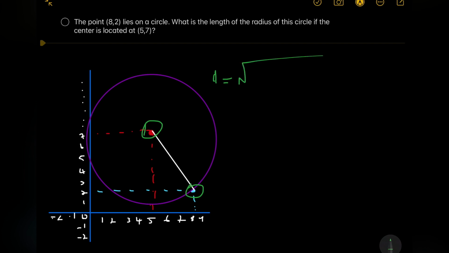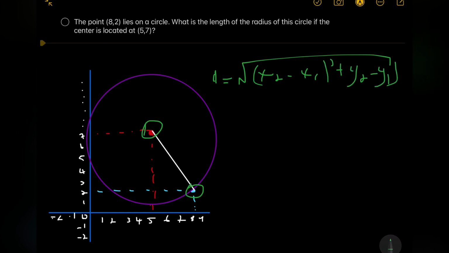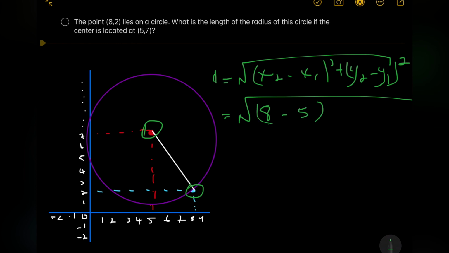D is equal to the square root of x2 minus x1 all squared plus y2 minus y1 all squared. x2 is equal to 8 and x1 is equal to 5, and we square this, plus y2 is equal to 2 and y1 is equal to 7, and we square that.